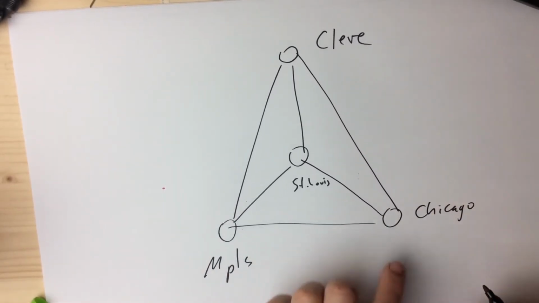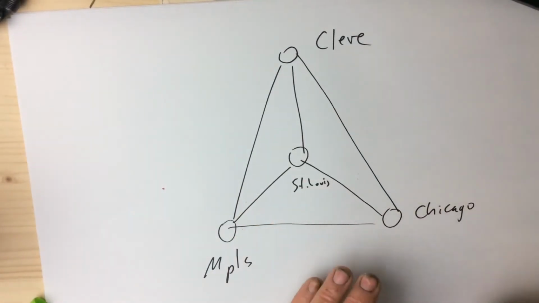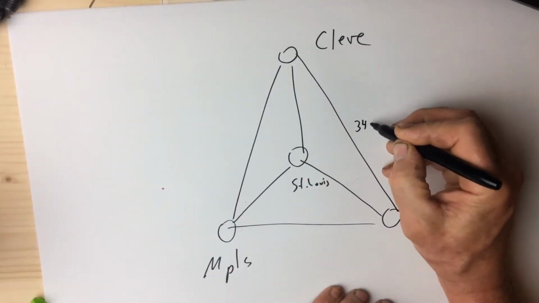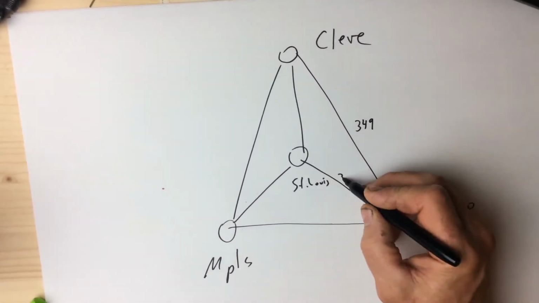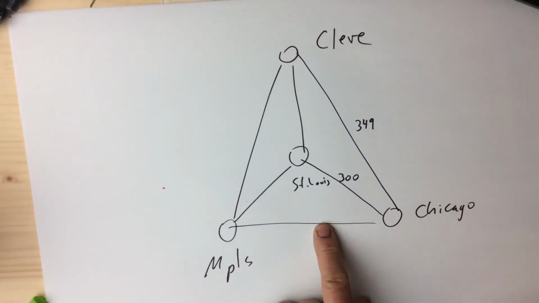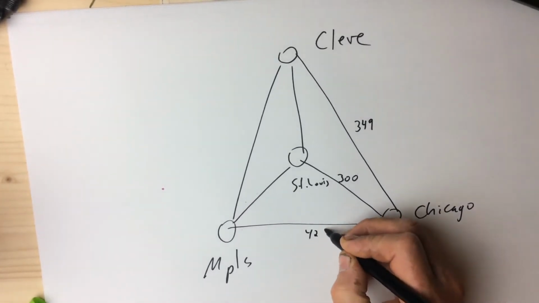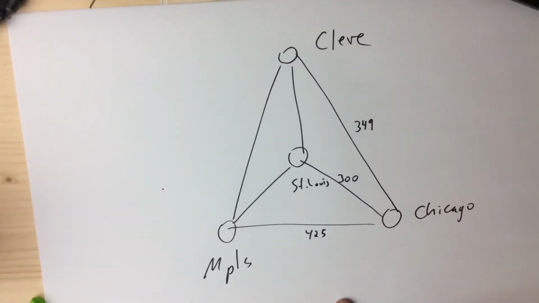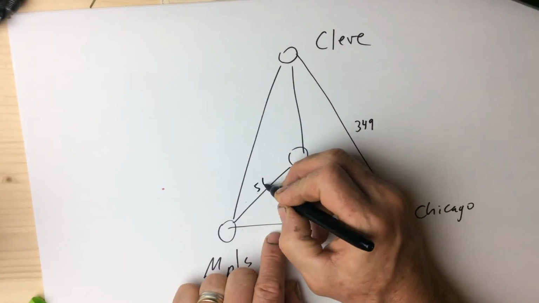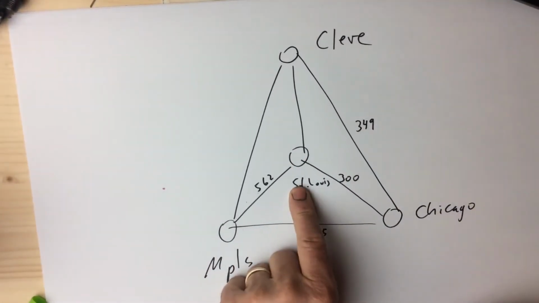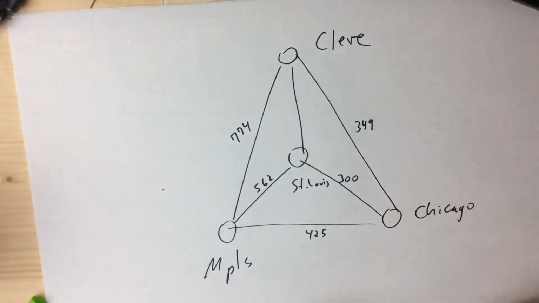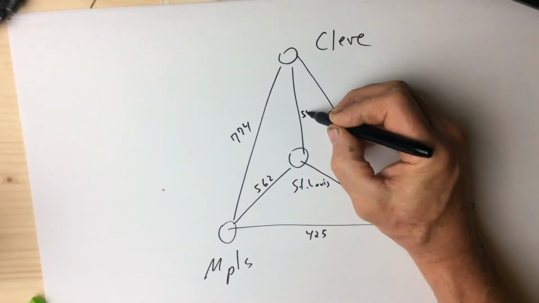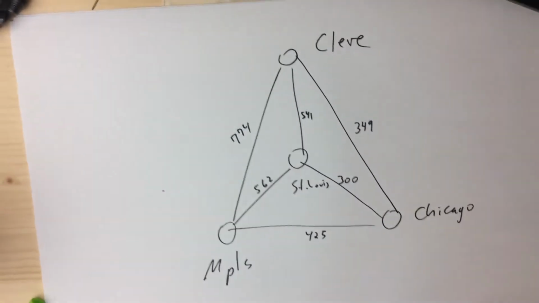It just simply says the edge represents a relationship, and here it's 349 miles between Chicago and Cleveland. Here it's 300 miles between St. Louis and Chicago, and here it's 425 miles between Chicago and Minneapolis. It's 562 miles between Minneapolis and St. Louis, and it's 774 miles between Minneapolis and Cleveland, and last but not least, it's 541 miles between Cleveland and St. Louis.